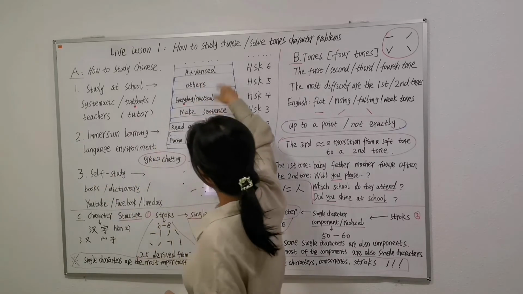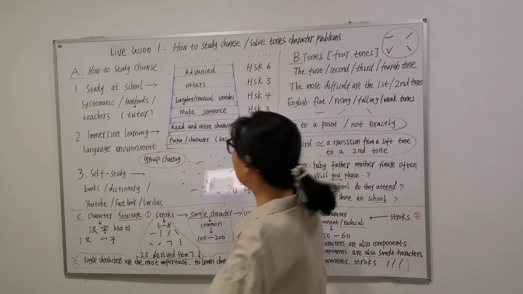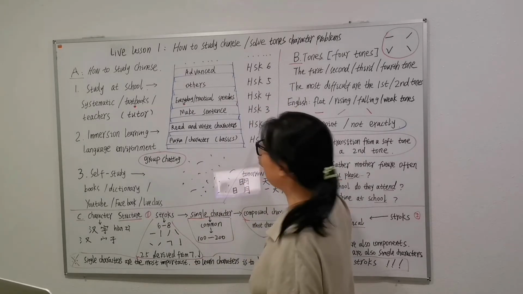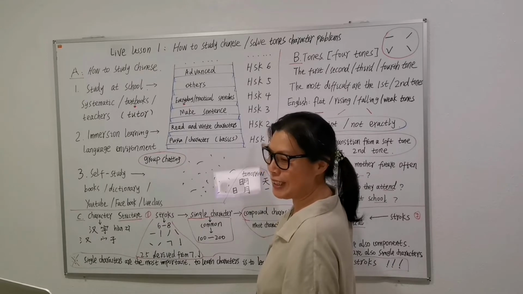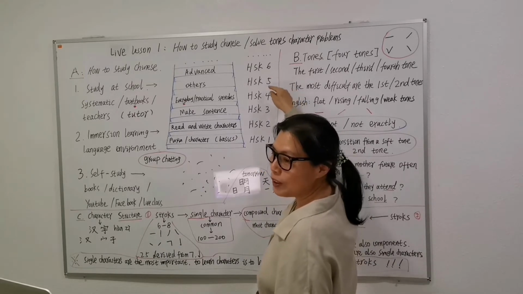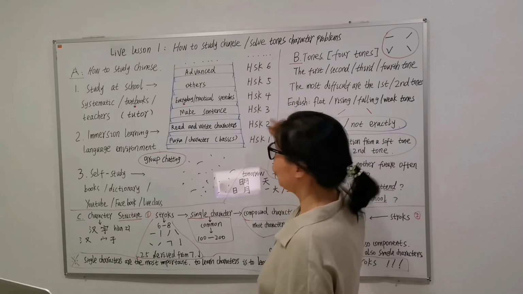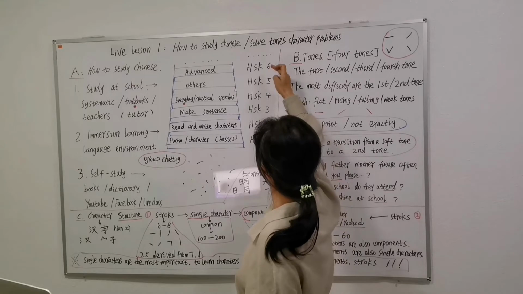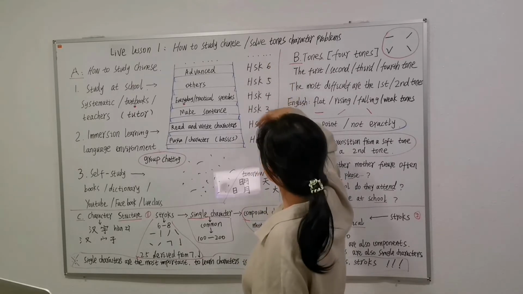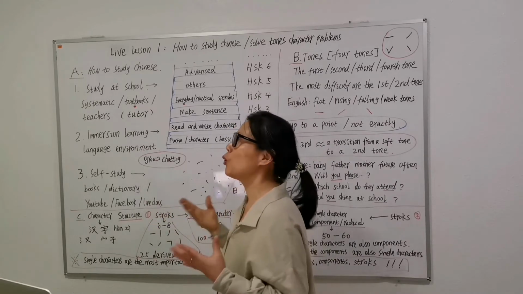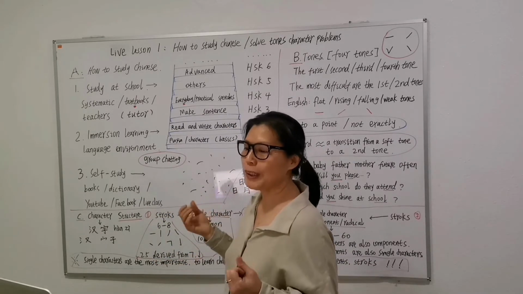This is one system. Look here, we have another system. We call it the HSK system. Look at the numbers. You know it's easy to follow. From HSK1 to HSK6. This is for foreign students who want to go to China to study.